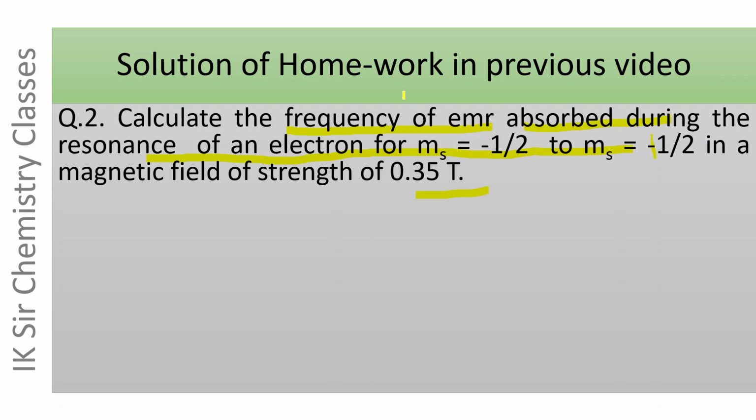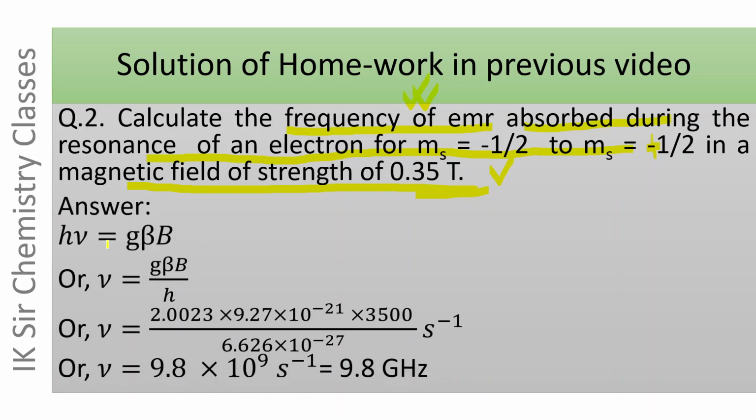We have to calculate the frequency of EMR which will be absorbed during the transition of electron from ms equals minus half to ms equals plus half in an applied magnetic field strength of 0.35 Tesla. Its solution is given here.